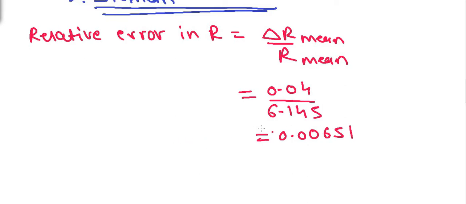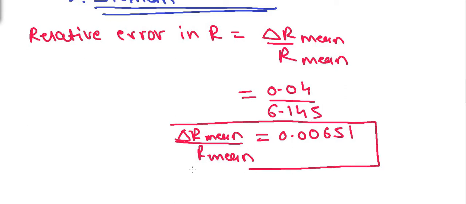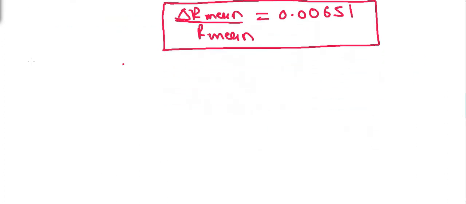So this is the relative error, delta R mean divided by R mean, 0.00651. Now let us find percentage error.